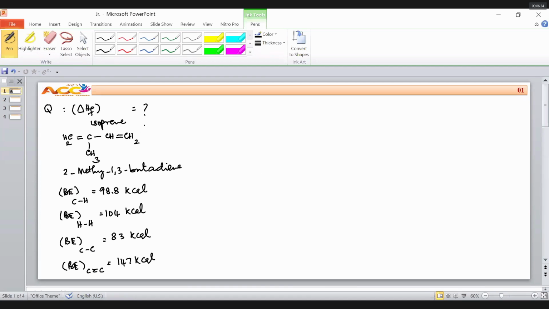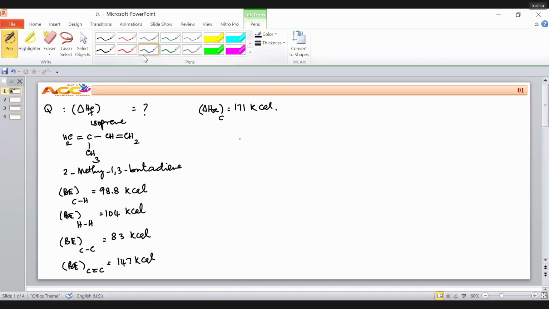And one more thing he has given, enthalpy of atomization of carbon. Enthalpy of atomization of carbon is 171 kilocalories. And he's asking to find the heat of formation of isoprene.